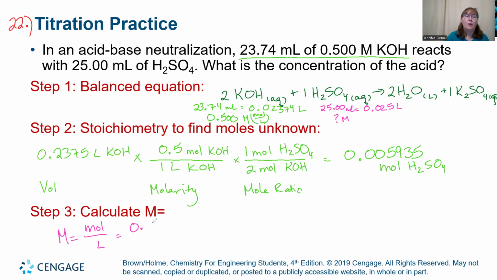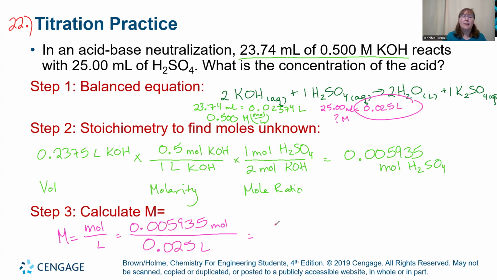And so that gets me 0.005935 moles in 0.025 liters of solution. And now I can have 3 significant figures for my final answer, and I get 0.237. And again, that's molarity or molar H2SO4.